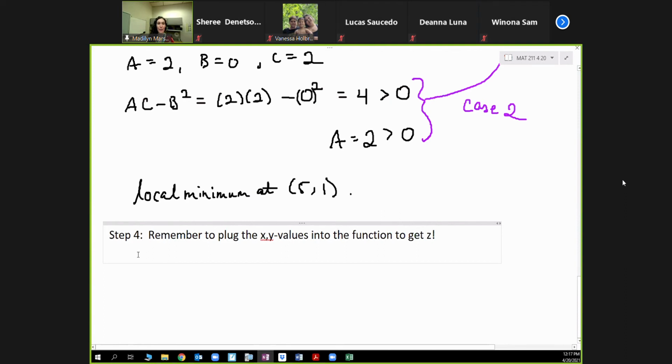So our actual minimum in this case is the value of z at this point.